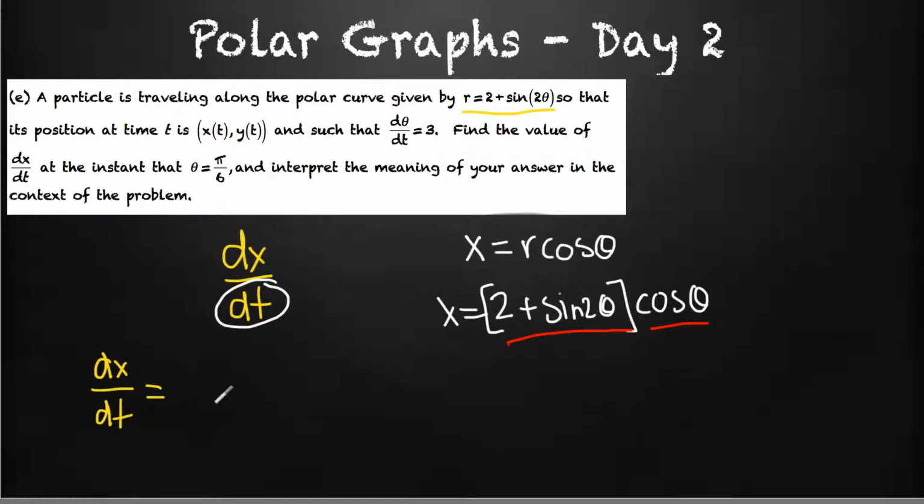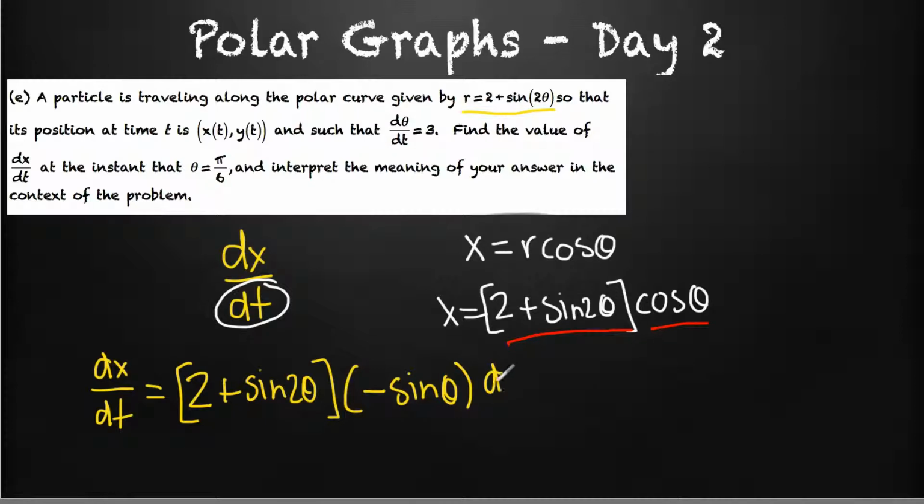And on the right side, once again, we're going to use the product rule. So we'll take the first function, which is 2 plus sine of 2 theta, times the derivative of the second function, which is simply going to be negative sine of theta d theta dt. Don't forget, this is a related rate problem. So every time you take the derivative of one of the variables, you need to include a d theta dt after that.